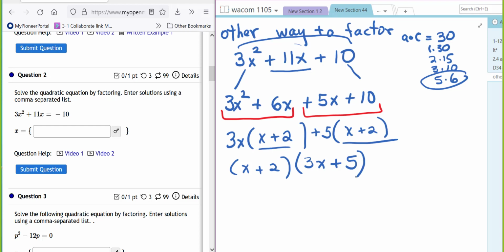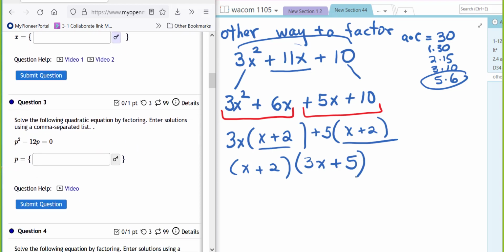All right. Let's go ahead to our next problem then. I picked number 4.